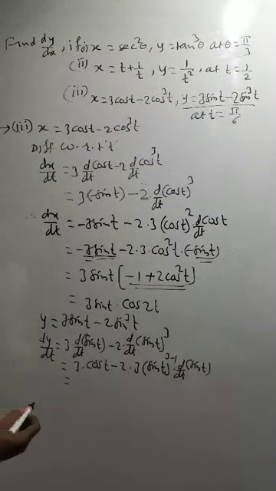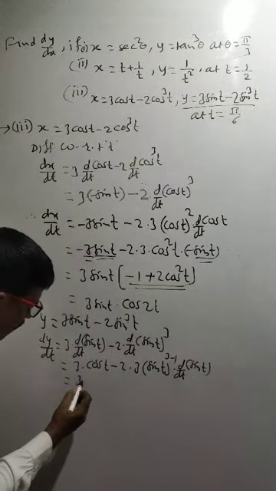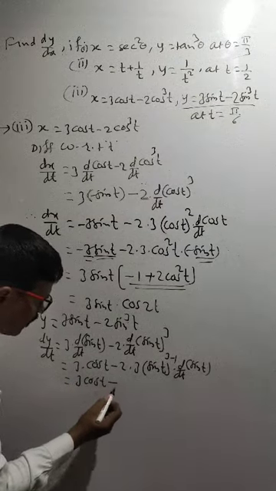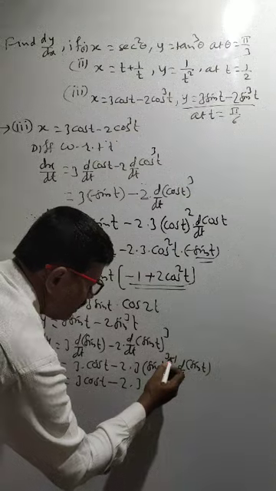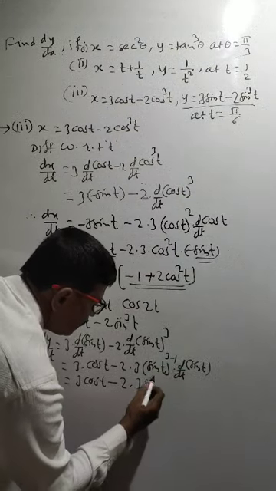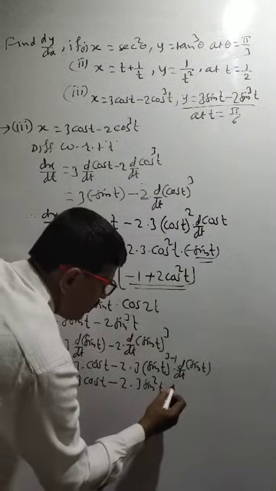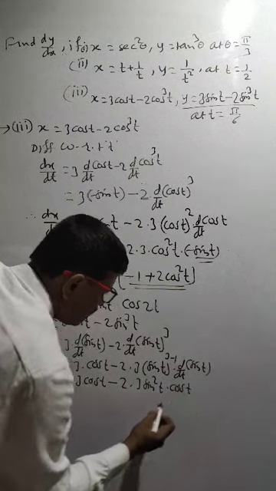Equal to 3 cos t minus 2 into 3 into sin square t into d by dt of sin t, which is cos t.